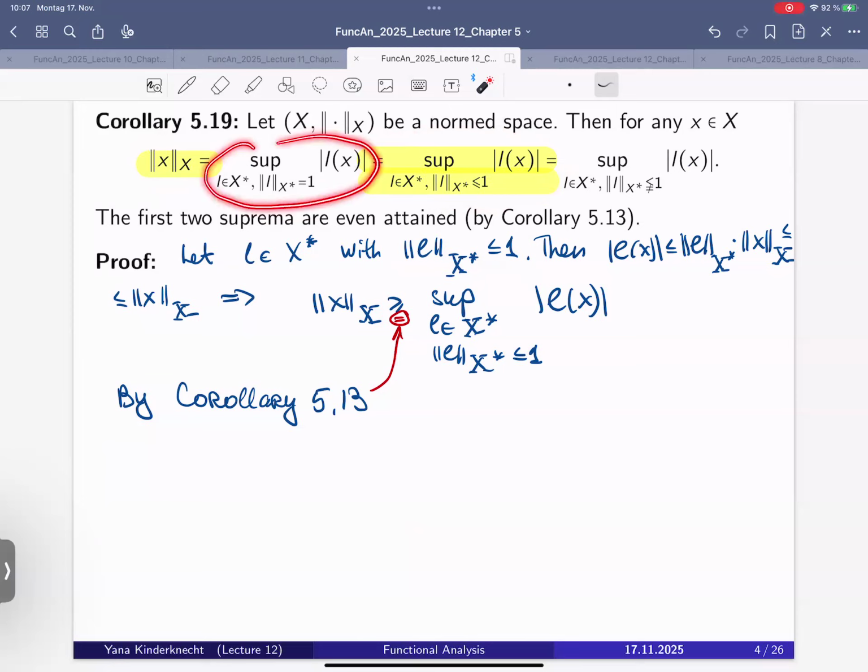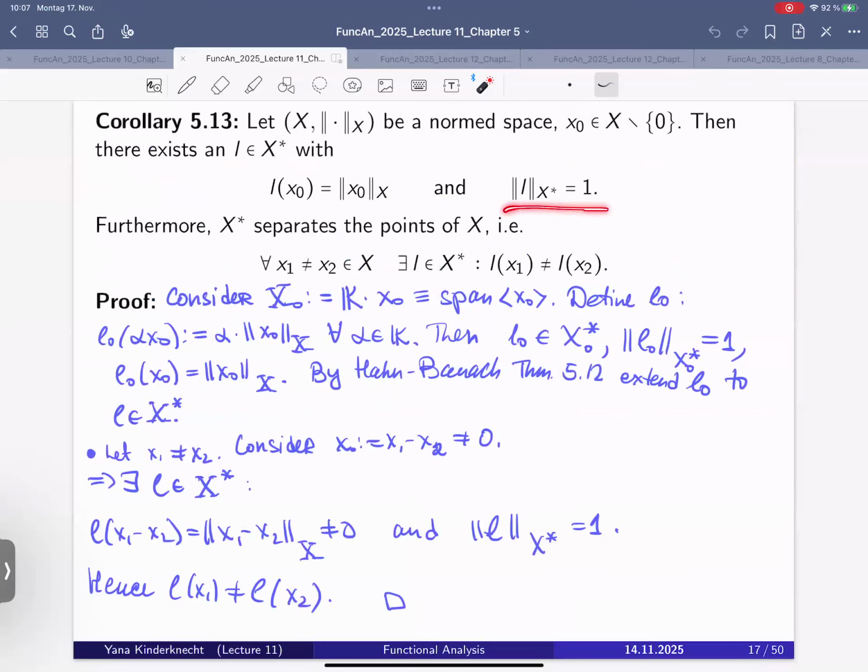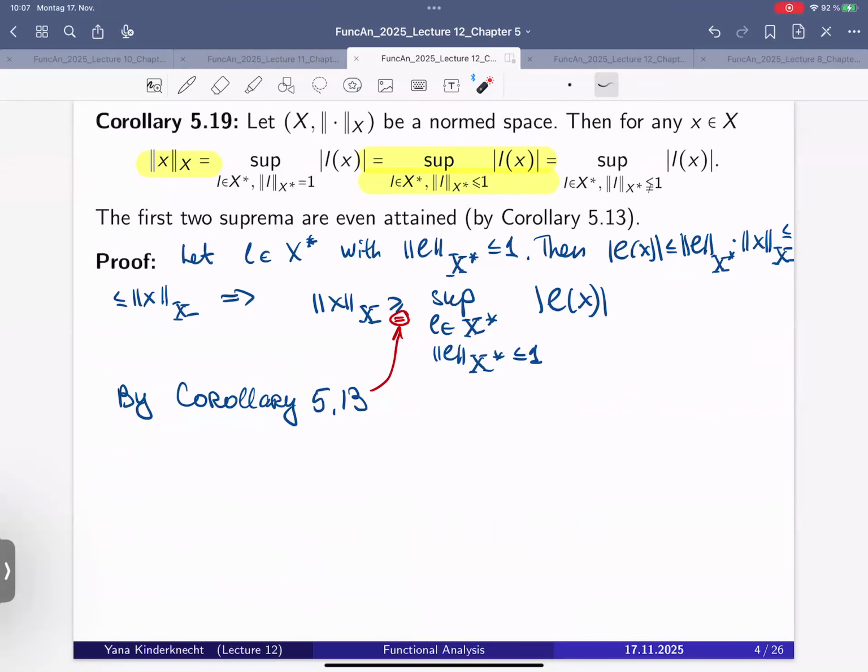Here the supremum is taken over a smaller set. So here we have this condition, here we have that condition. So this supremum is smaller or equal than that supremum. But again, by corollary 5.13, we have exactly this identity. So this supremum is not bigger than that supremum, but also by corollary 5.13, it is not smaller than that supremum.